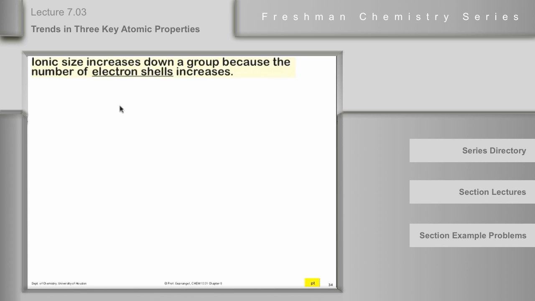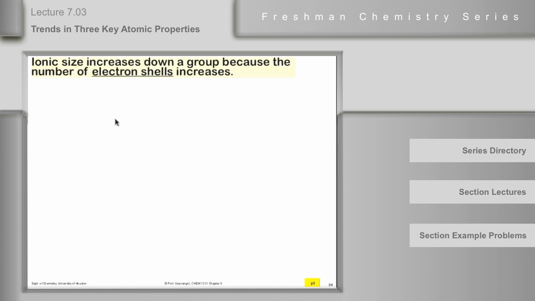Right? So that's pretty straightforward, not a lot of trouble with that. But if you try to compare ions across a period, you immediately run into quicksand. And the reason for this is as you go across a period, the ionic charge changes and the number of protons changes. So you can have the number of protons and electrons both changing. Then you have very little to help in making comparisons.